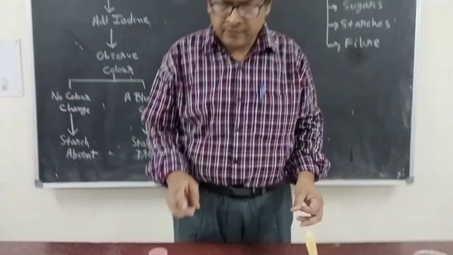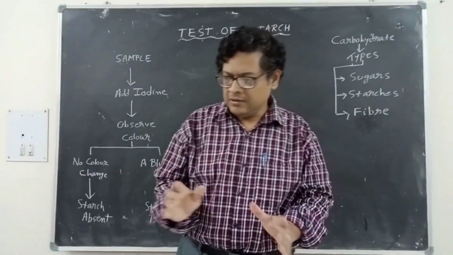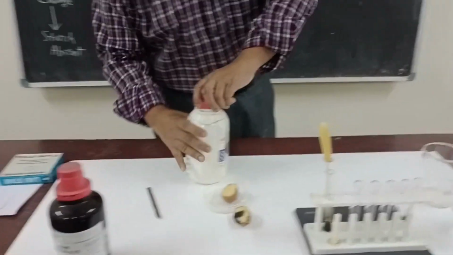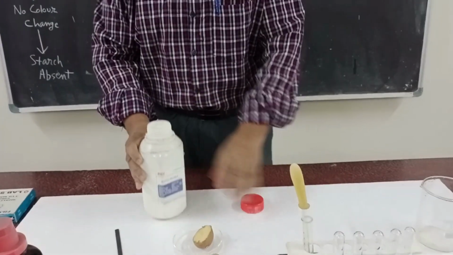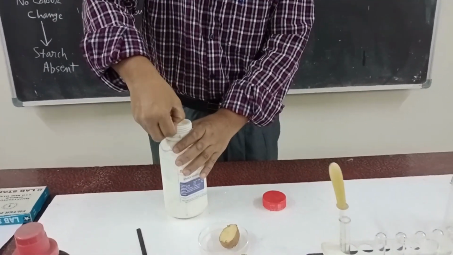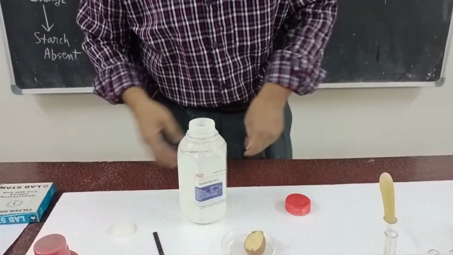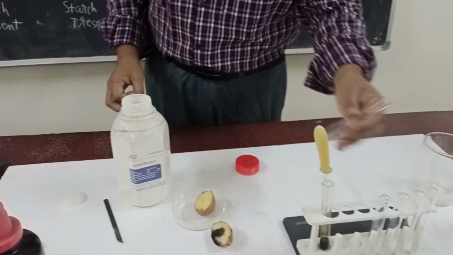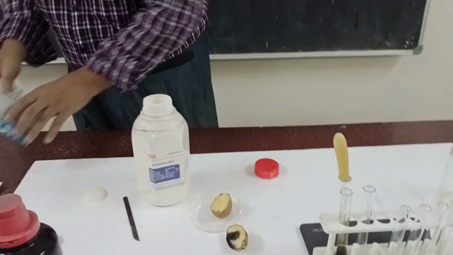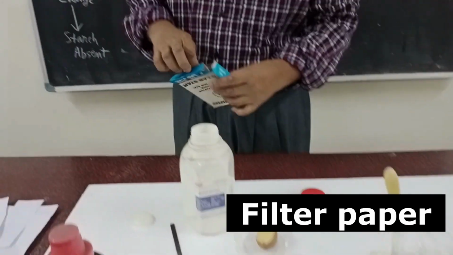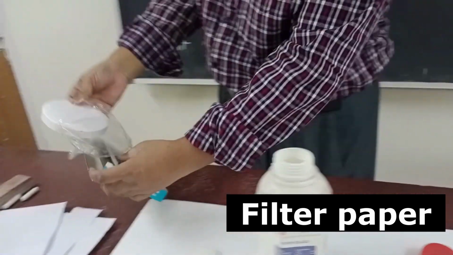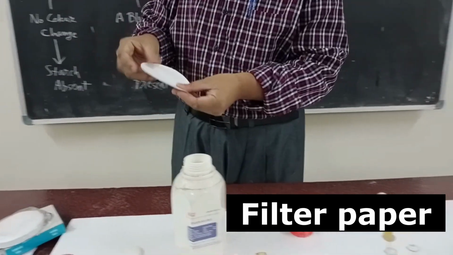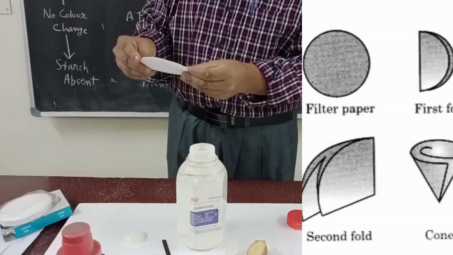Now I will perform the same experiment, but with the soluble starch. So let's see. To pour the starch into the test tube, we take filter paper. These are the filter papers, you can see. I am taking one and making a funnel, just like the ones for jhalmuri and chanachur.